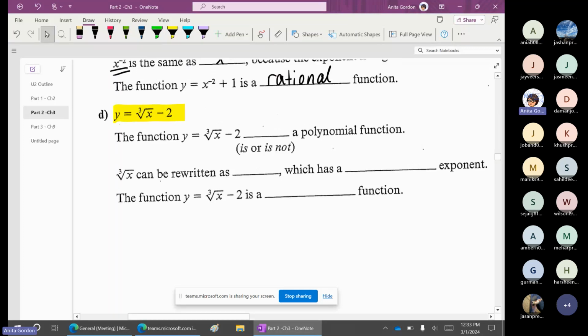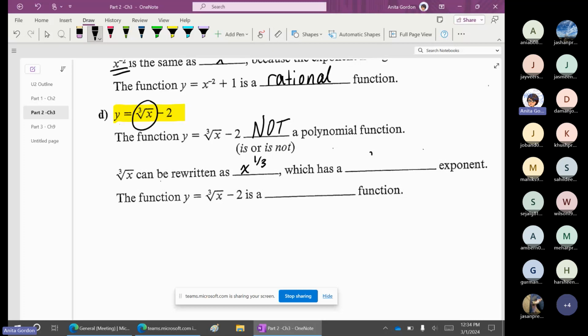Let's look at this one. Is or is not? Why not? Yes. When we have a radical, this is the same as saying x to the power of 1 over 3. This is not a whole number. This is a fractional number. Right?